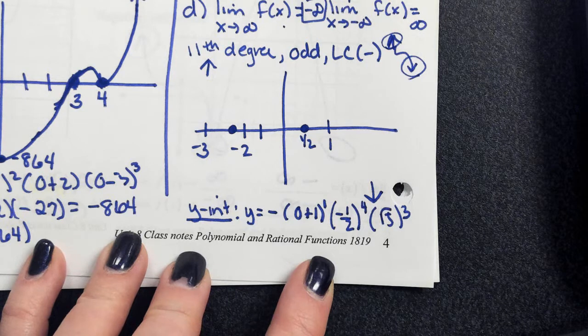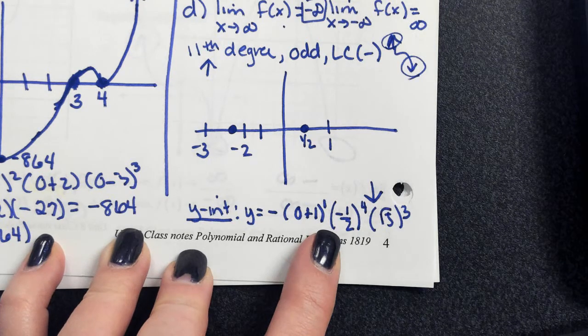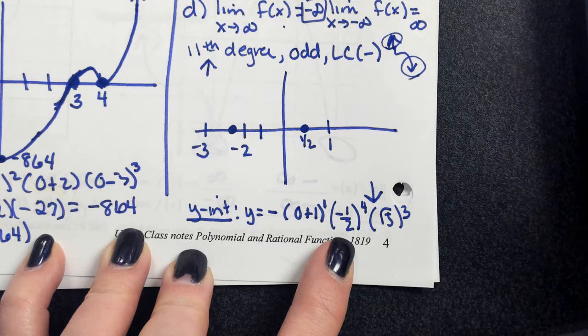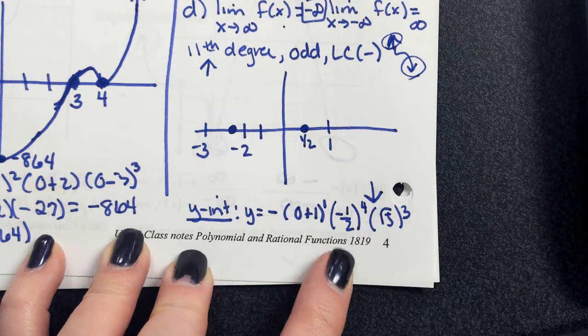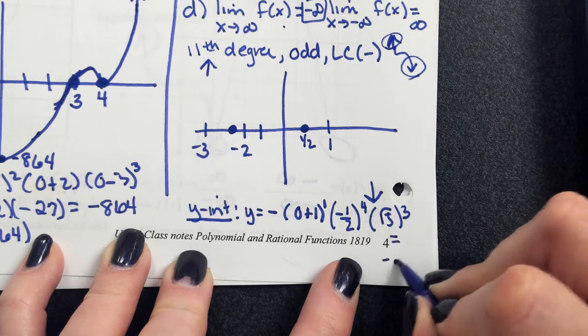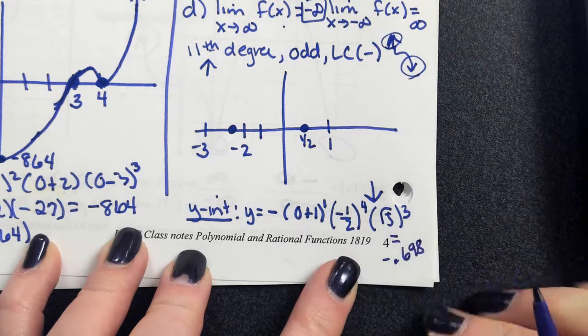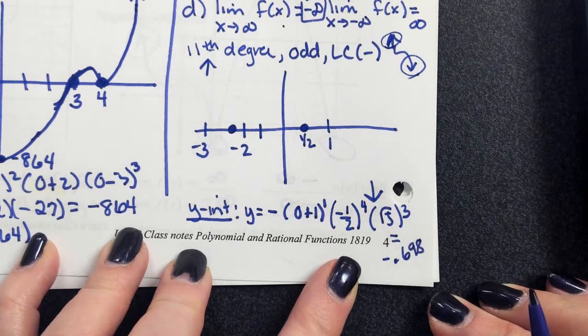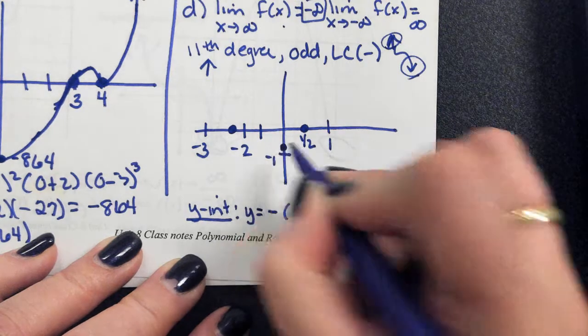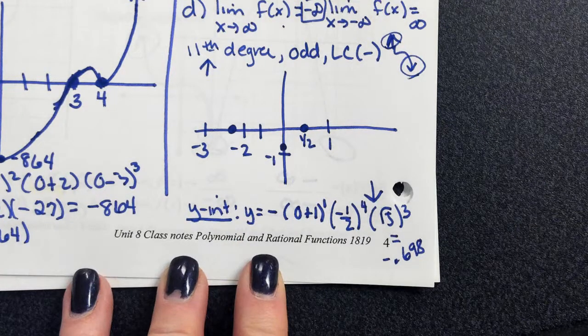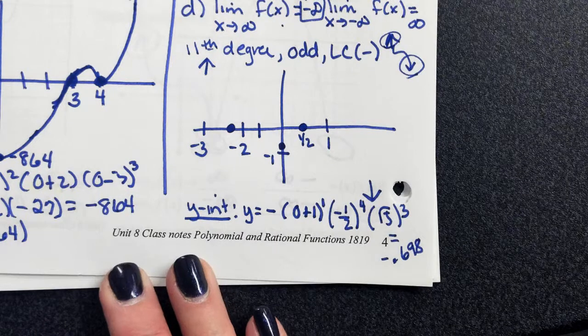So I have negative 0.5 to the 4th times square root of 5 raised to the 3rd. So I get a decimal of about negative 0.698. So I know it's not going to be quite down here to negative 1. Obviously, I wouldn't expect you to find something like that by hand without a calculator.